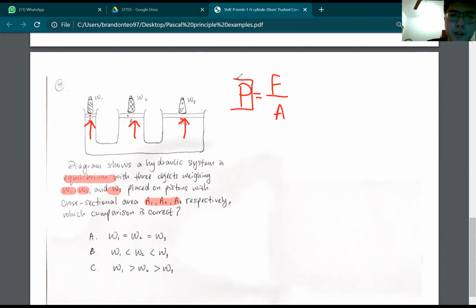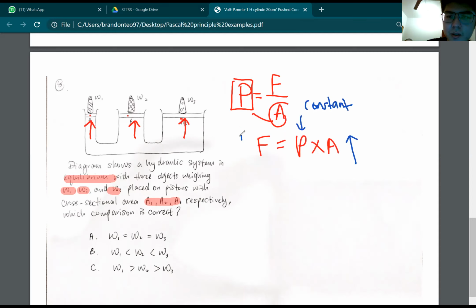So when the pressure is constant, and if you bring this over here, F 等于 P 乘 A. When pressure is constant, as the area increases, the force increases, right? Meaning that you find the biggest area. That is where the heaviest object lies, W3.